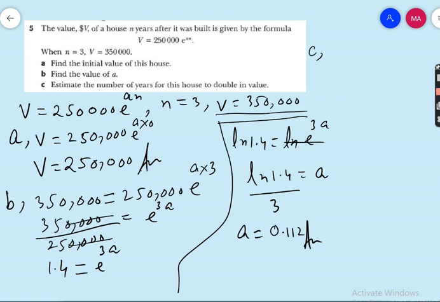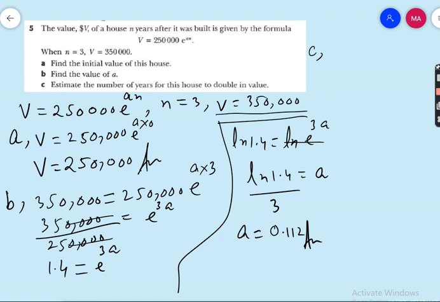Kindly wait, I am doing this question. Okay, done the question. Now I am repeating part C.